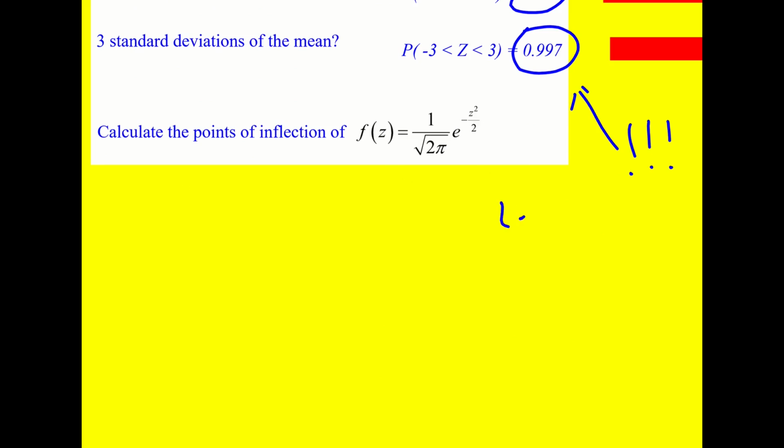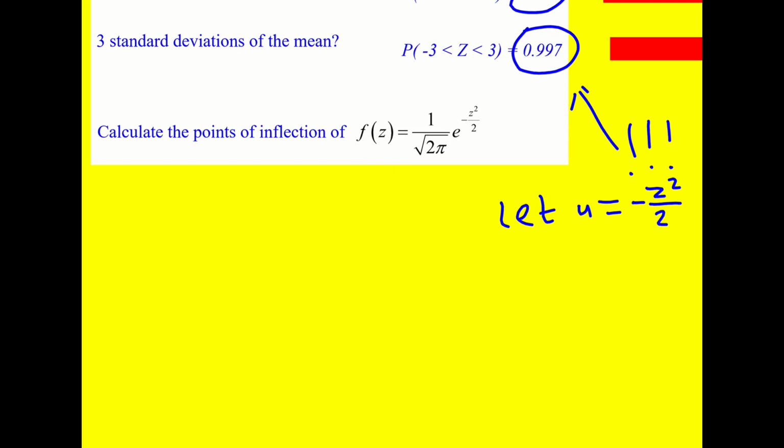So the first thing I'm going to do is let u equal minus z squared over 2. So f of z, which actually is f of u of z. I'm not going to write it at all.